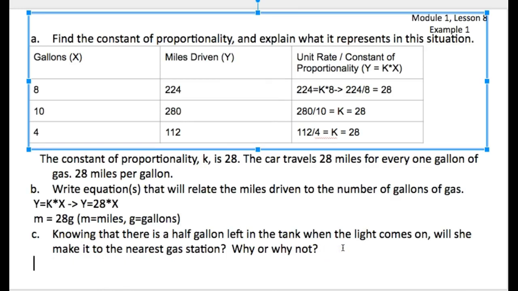So, using our equation, m equals 28 times g, we know that miles equals 28 times 1/2, because there is half a gallon, which equals 14 miles.